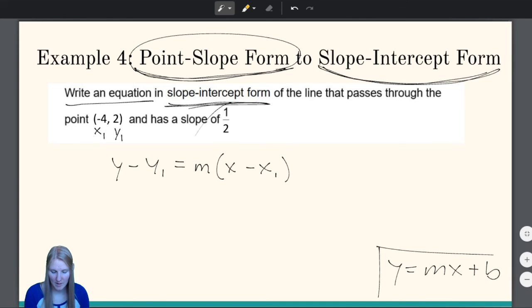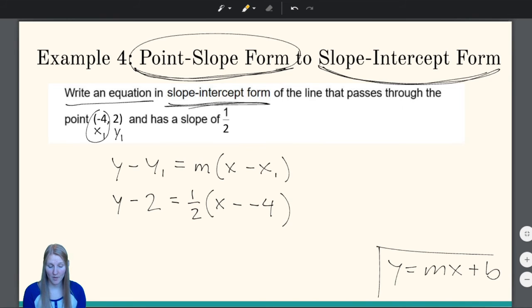And of course, m is our slope, just like 4.1. So we have y minus y1 is 2 equals 1/2, because slope is m, times x minus x1 is -4. And remember, minus a negative comes together and becomes positive.